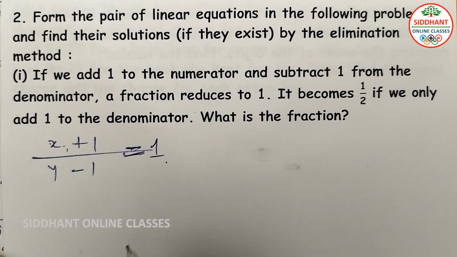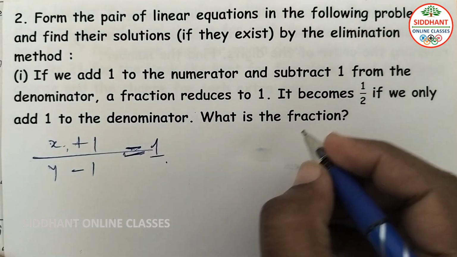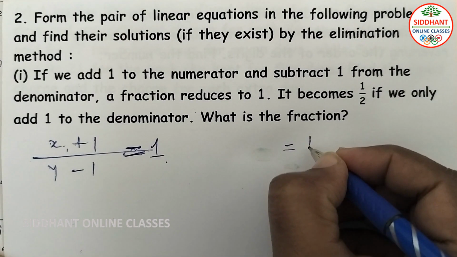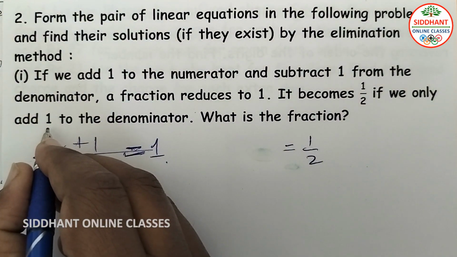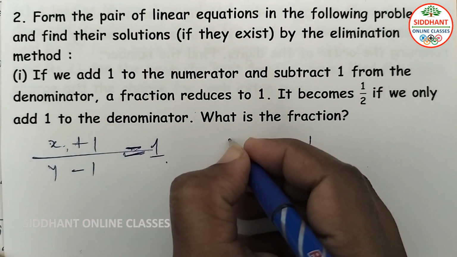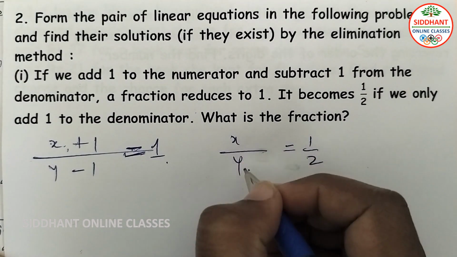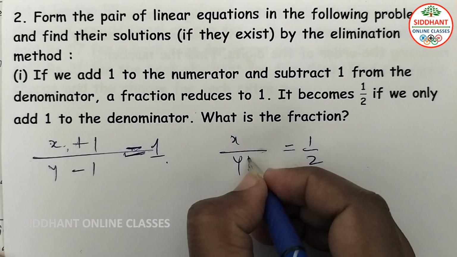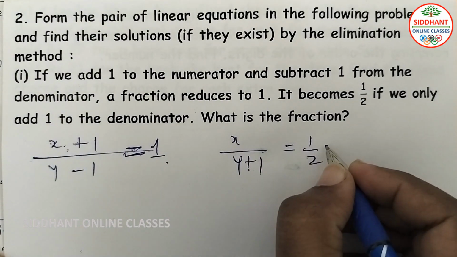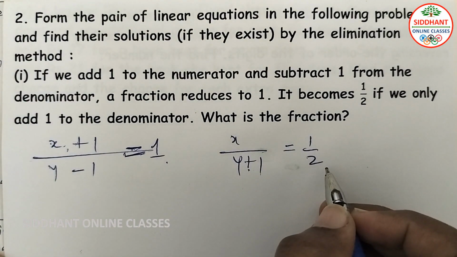Next equation: it becomes 1 by 2, that means equal to 1 by 2. If we only add 1 to the denominator of x by y, that means y plus 1, then it will become 1 by 2. So these are the two equations.